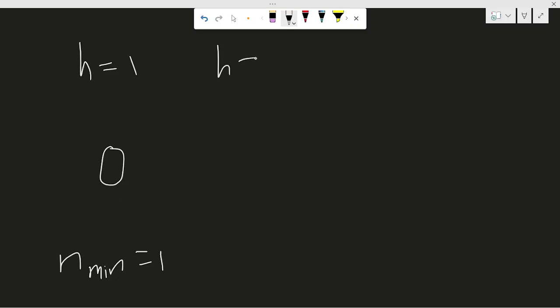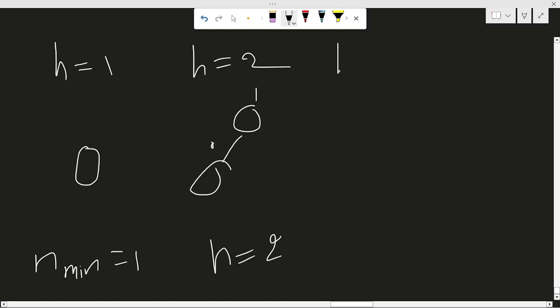If h is equal to 2, I will draw like this. First of all, check whether this is an AVL tree or not. For that you need to check the balance factor. Here it is 0, here it is 1. So it is an AVL tree. So the number of nodes that you need is 2, right?